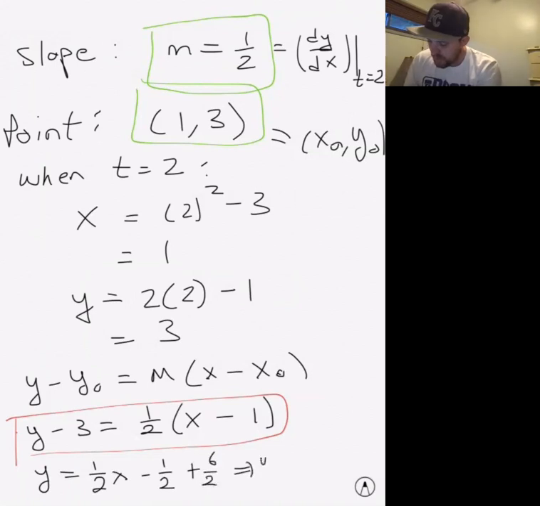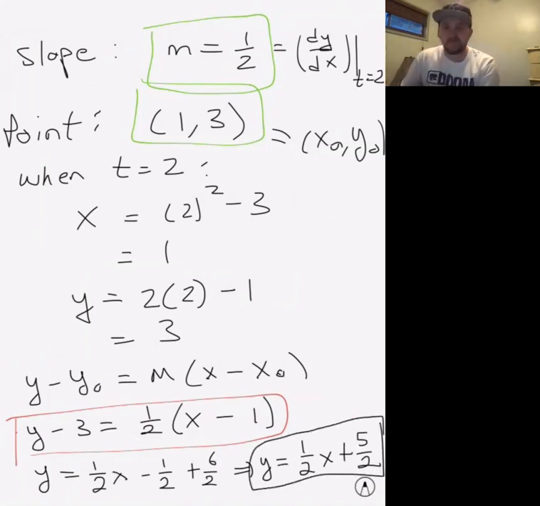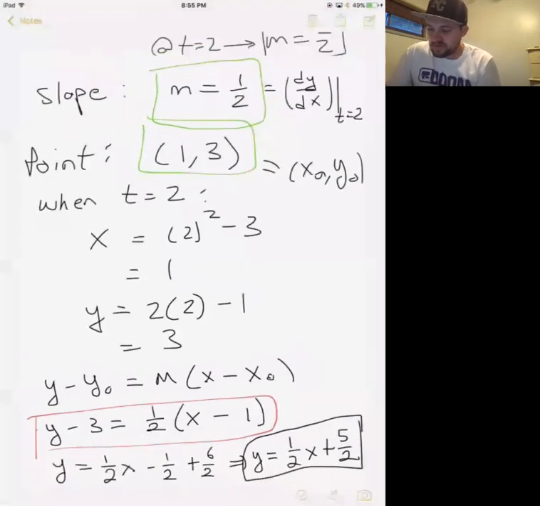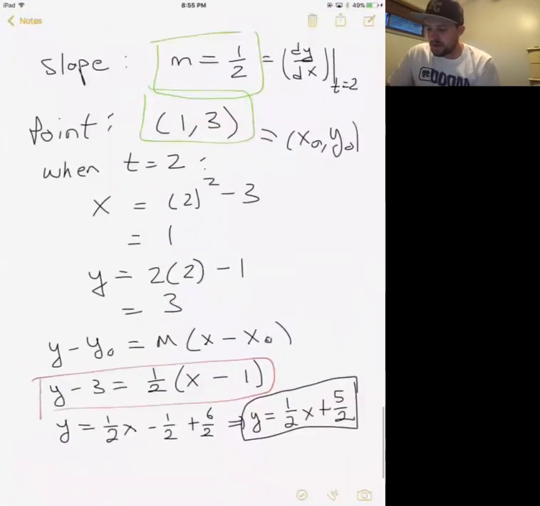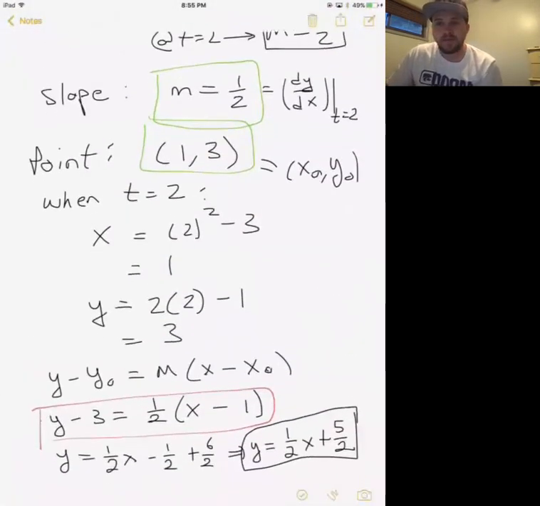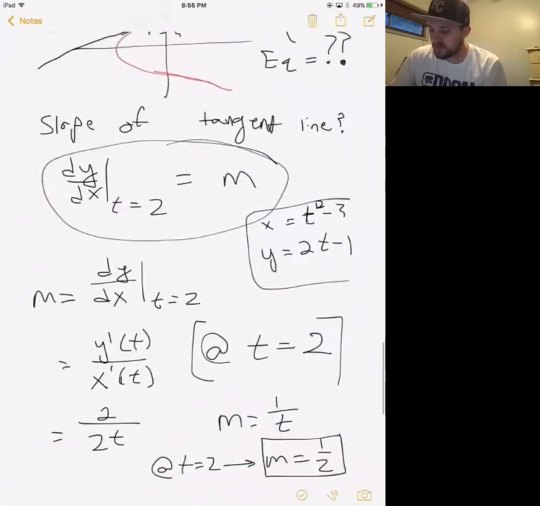So this means we have an equation for the tangent line given by y equals 1/2 x plus 5/2. And this is our equation for the tangent line to the curve at the point t equals 2. So those are two pretty common and useful examples. Hopefully in recitation and in the homework, we'll go over more examples like this.